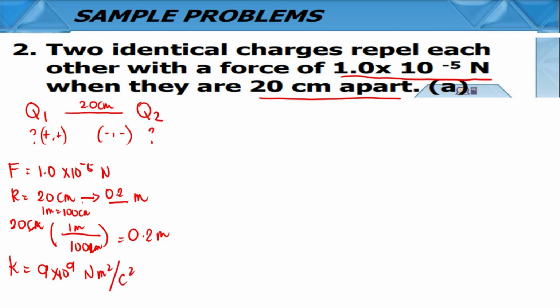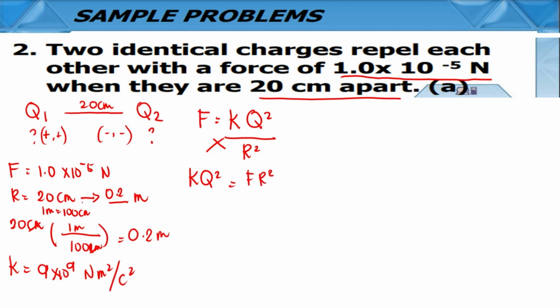Now, for this problem, since our Q1 and Q2 are identical, the formula will look like this: F is equal to K, instead of Q1 and Q2, you write Q squared since they are identical in value, over R squared. The next step is we need to get the formula for Q. Cross-multiply muna natin. We have K Q squared is equal to FR squared.